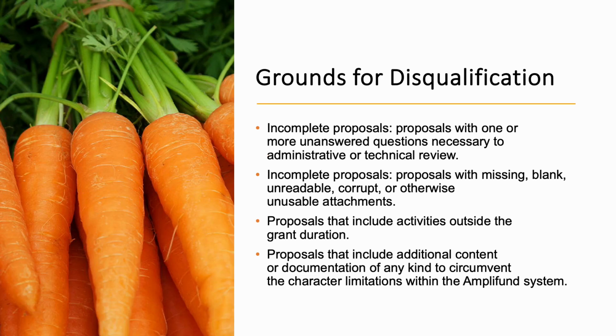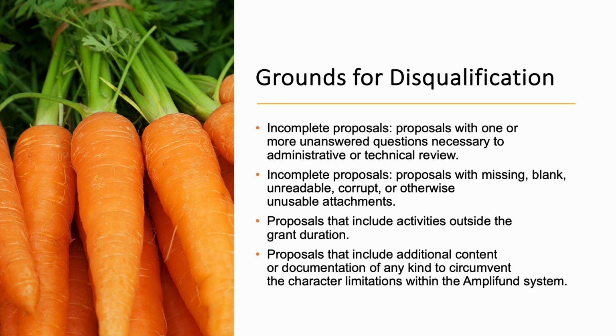Here is a quick review of items that may result in the disqualification of proposals. Incomplete proposals, including proposals with one or more unanswered questions necessary for the administrative or technical review, or missing, blank, unreadable, corrupt, or otherwise unusable attachments. Proposals that include activities outside the grant duration.